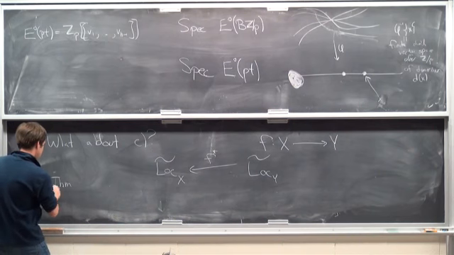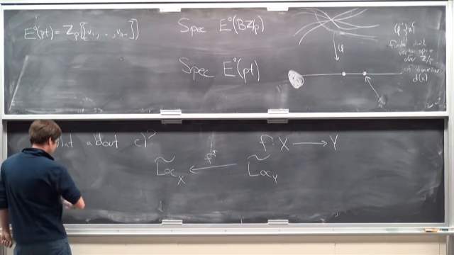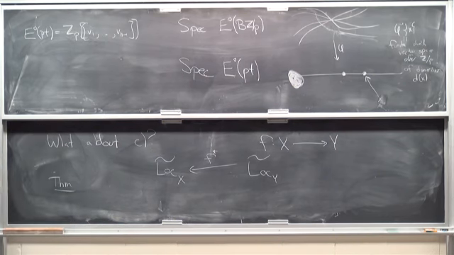Let me state this as a theorem. The thing that I've made a definition, and I claim this definition is much better behaved than it has any right to be. And this theorem is what's going to articulate that.